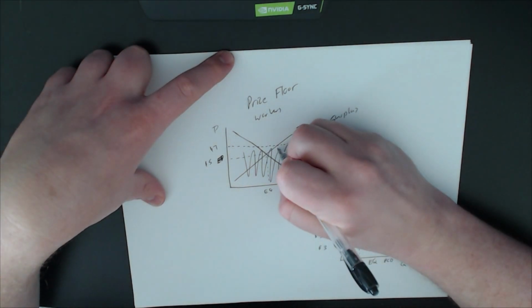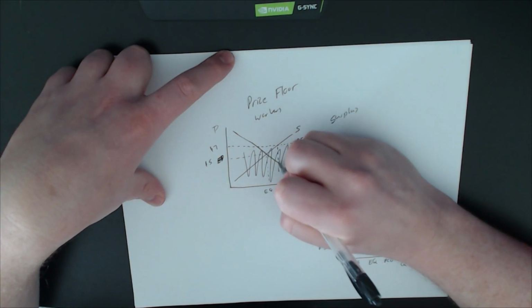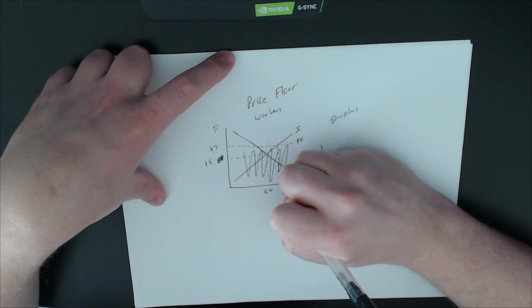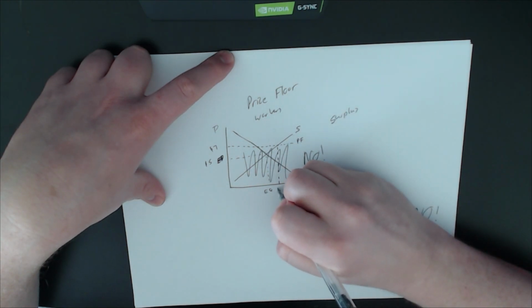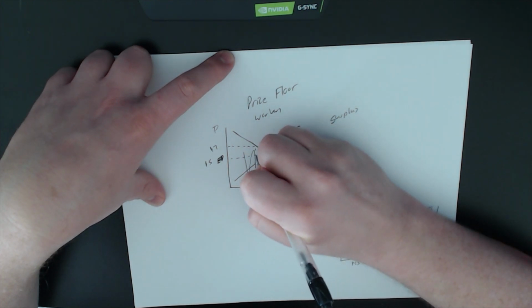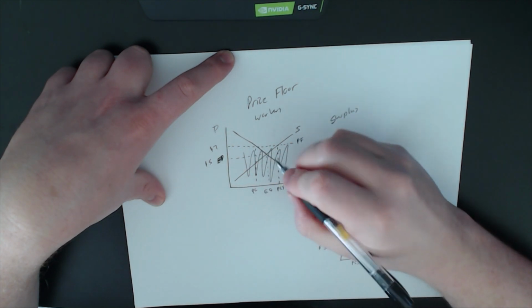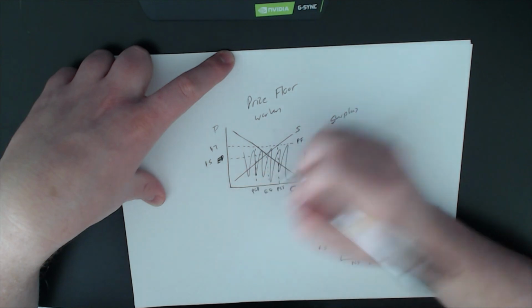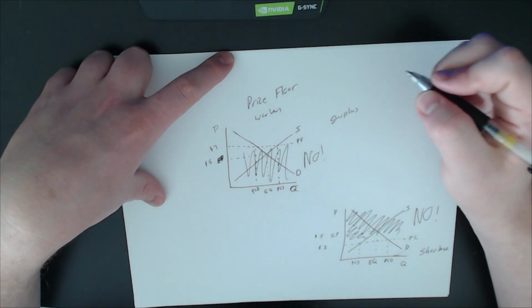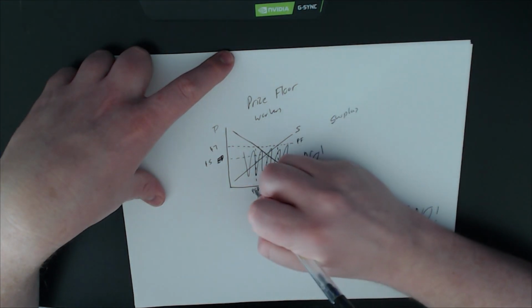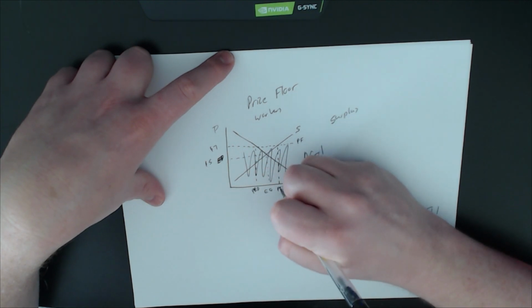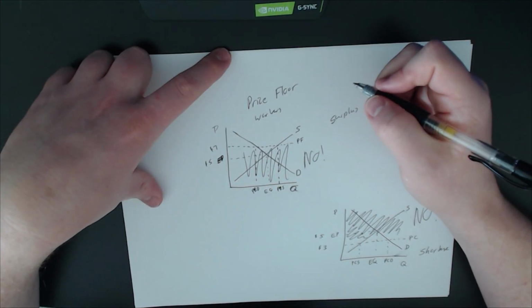Now, if I come back to the original one where I was doing the price floor, PCD for price control demand, and I guess I could do PF, that'll probably be a bit more specific.